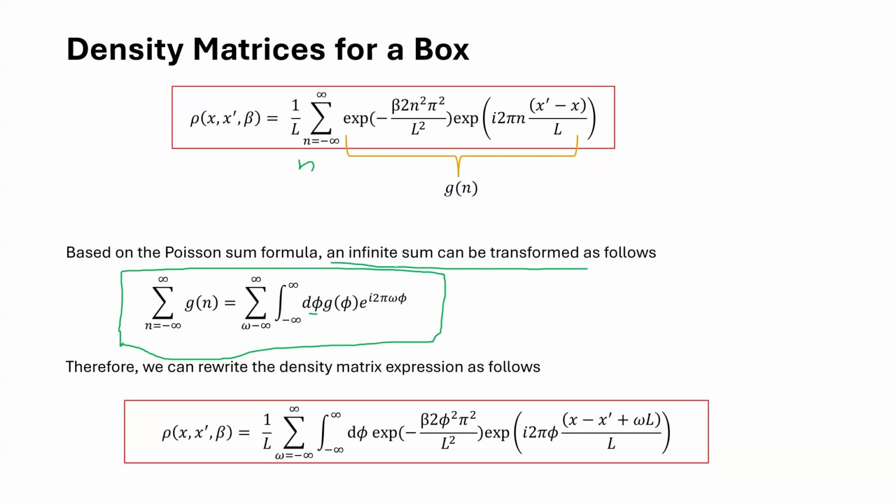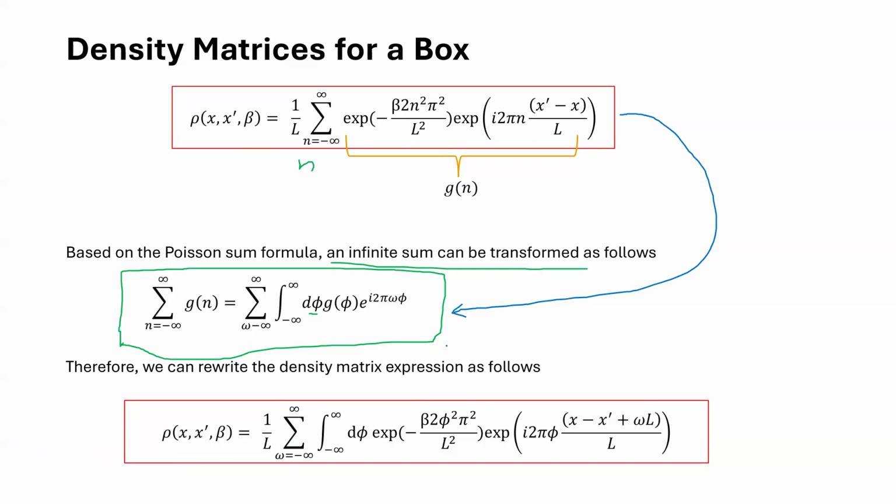We can rewrite the infinite sum, and therefore consider this summation, and instead of using n values, we are going to use omega values to calculate the sum. So we are rewriting the expression.